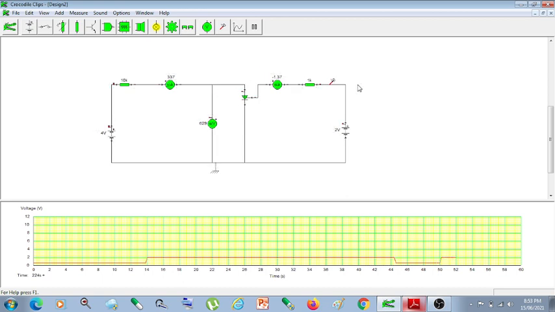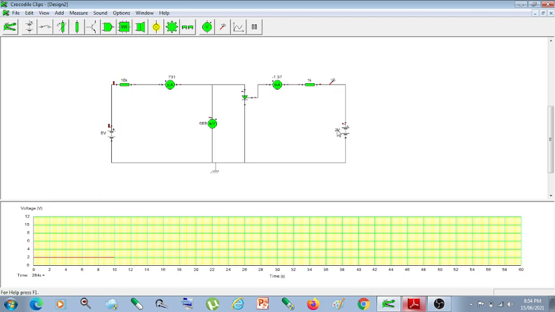By changing the input voltage, we can see the variations. Okay, so again I'm changing it to 8 volt. By varying the input voltage, the graph starts to change.